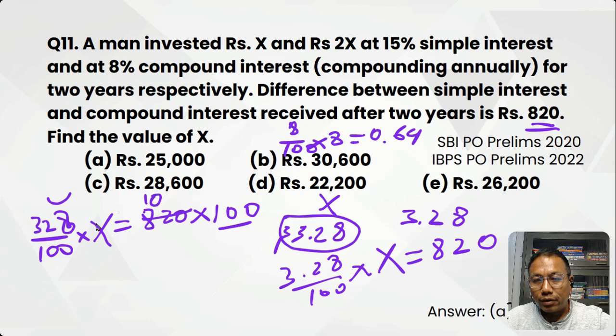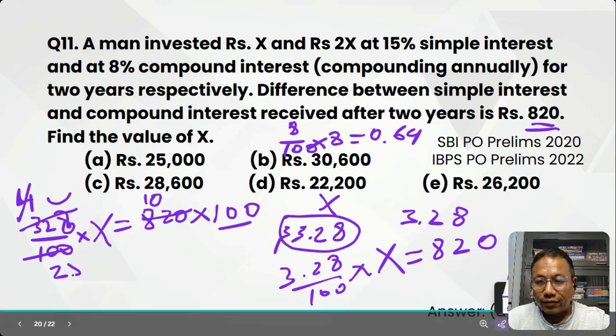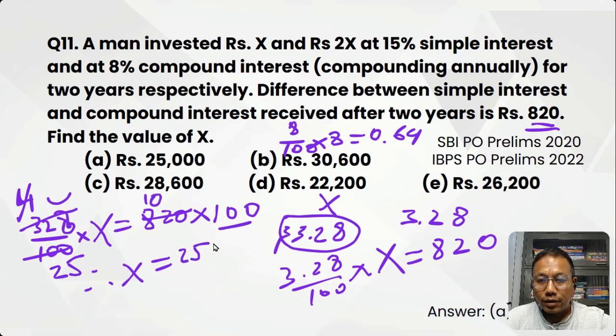One more 0. 82, 4. 2 fours are 8, 8 fours are 32. 4 into 25 is 100. Therefore, your x is equal to 25. How many zeros? 1, 2, 3. With 3 zeros, 25,000. Where do you have 25,000? A is the right answer.